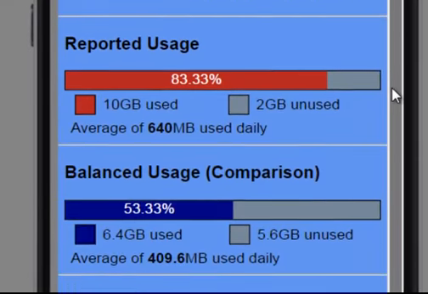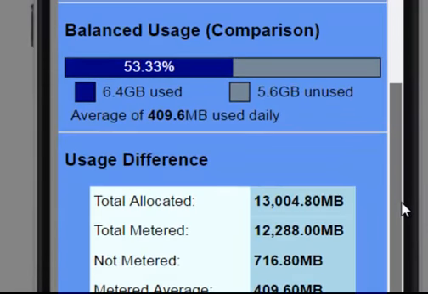Now, if you scroll down on that screen, you'll also see that it has a usage difference table. When you enter data into a meter or router or whatever, it doesn't allow you to put in all the data that you have. So if you put in 12.7 gigabytes, it will only take the 12. The 7 is in the ether somewhere.